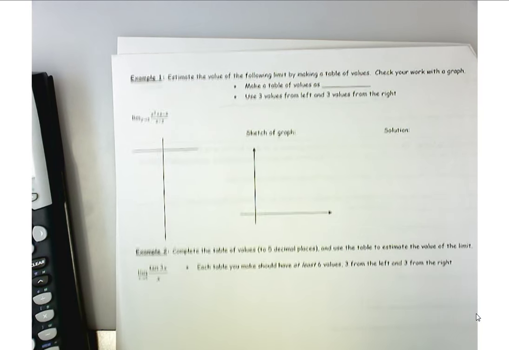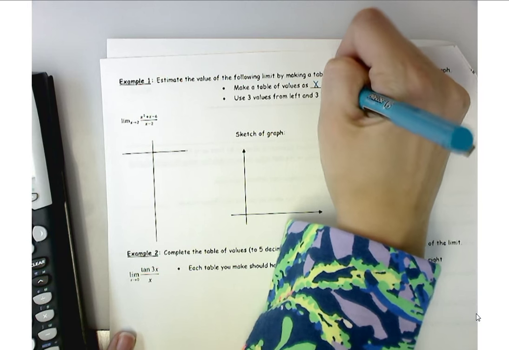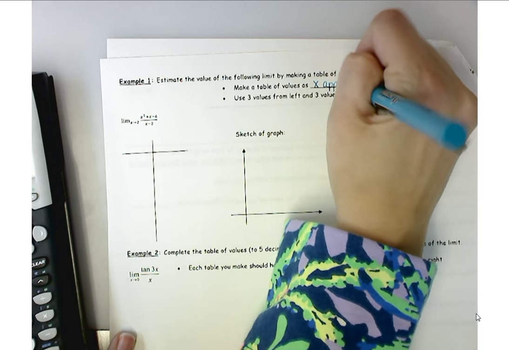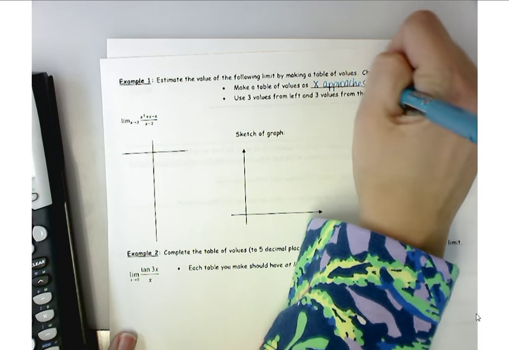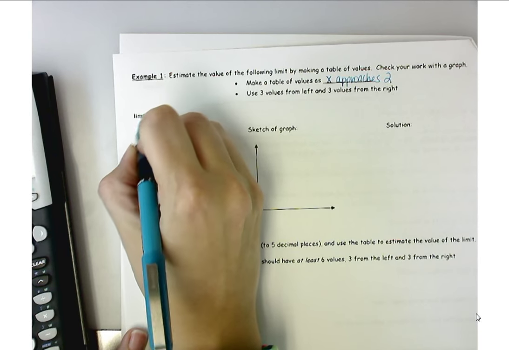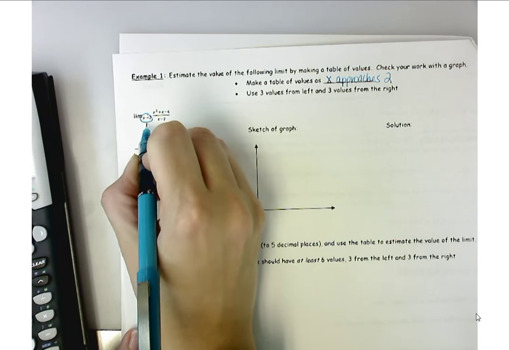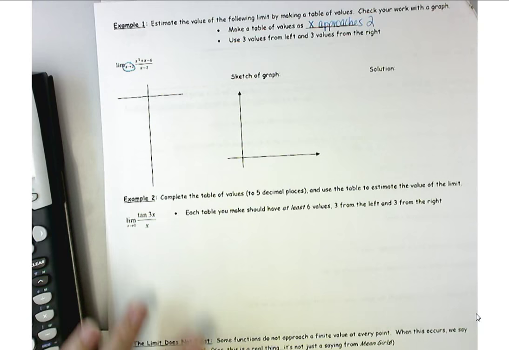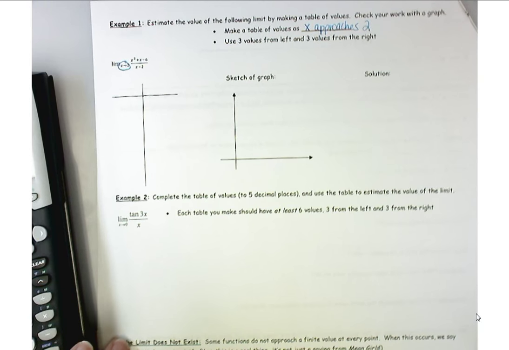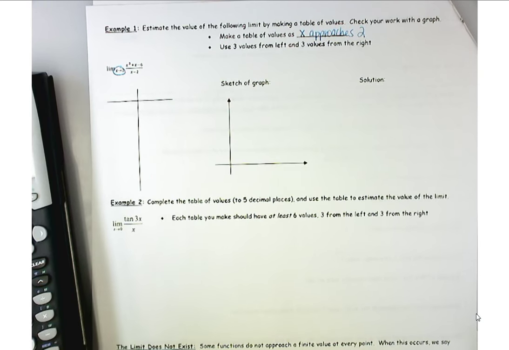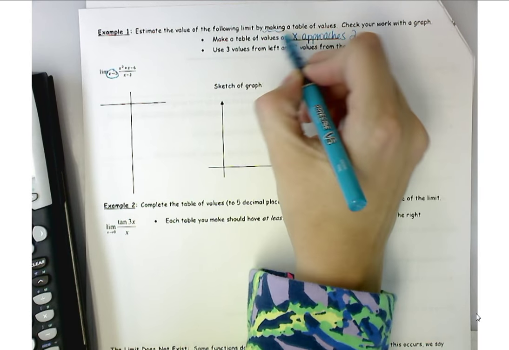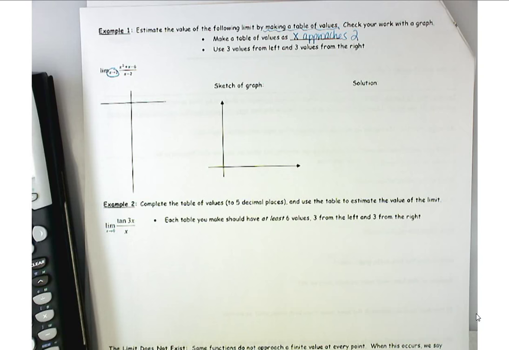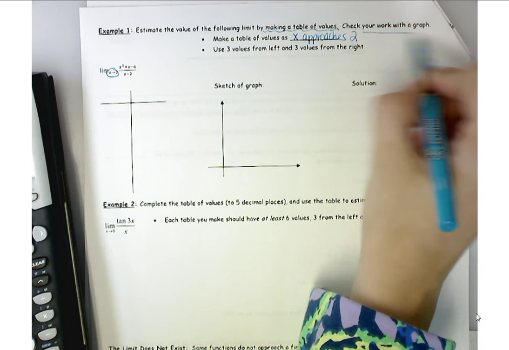Okay, we are going to make a table of values as x approaches 2. Okay, so that's because the limit as x goes to 2 tells us we're going to make a table of values as x approaches 2. We're going to find the value of the limit by making a table of values, and then we're going to check our work with a graph.